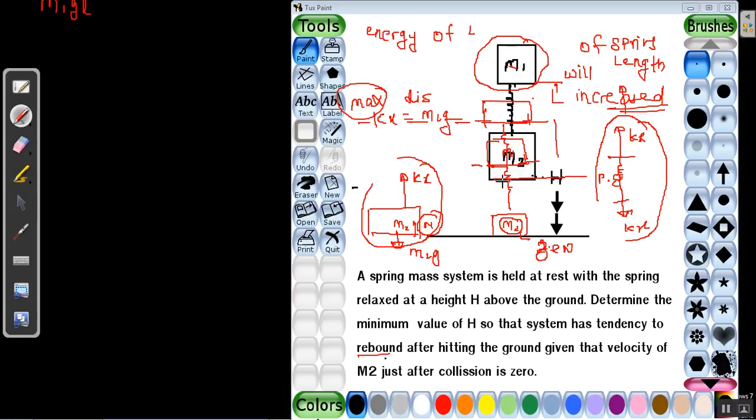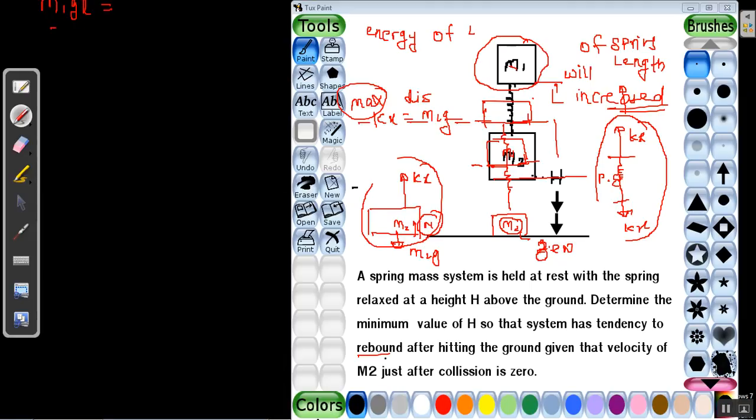Okay, so here I had assumed that potential energy at this point is 0, so this should be equal to... because the energy of m1 plus spring is going to be conserved.